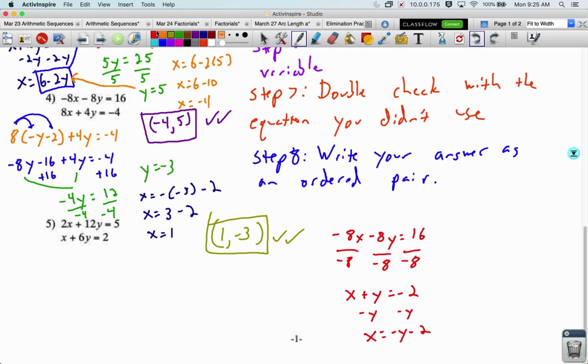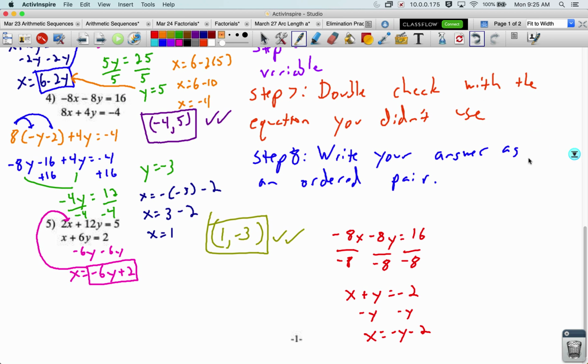Well, this x is already isolated, so that will be the one that we use for substitution. I subtract 6y from both sides. x equals negative 6y plus 2. This here gets plugged in for x in the top equation. We use the bottom equation to create it, so we're going to plug it into the top equation.